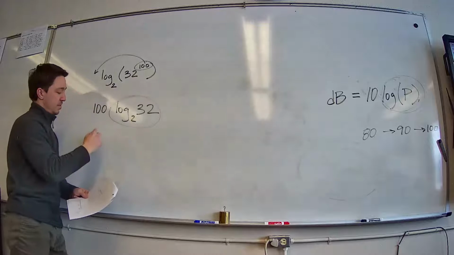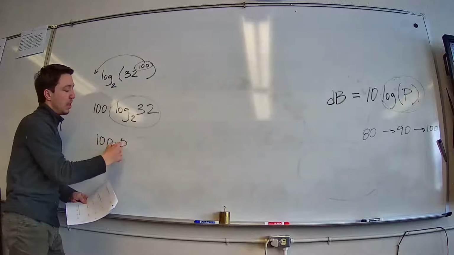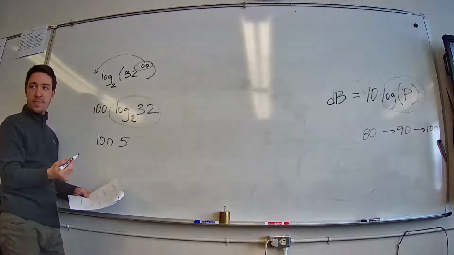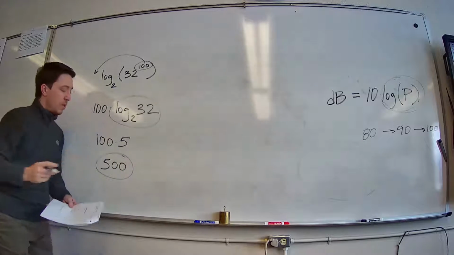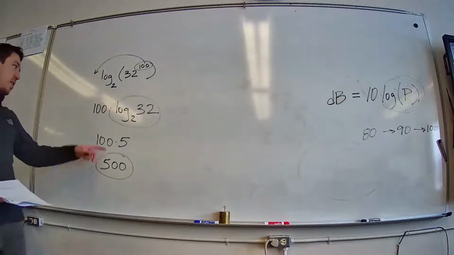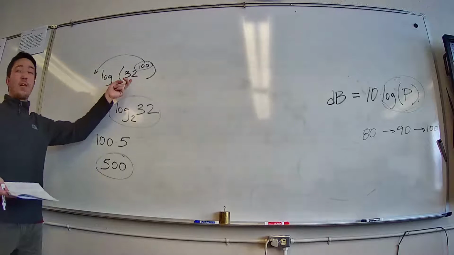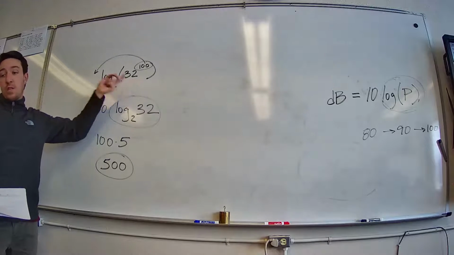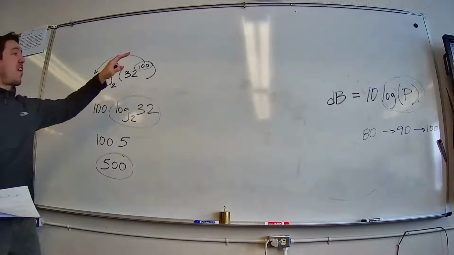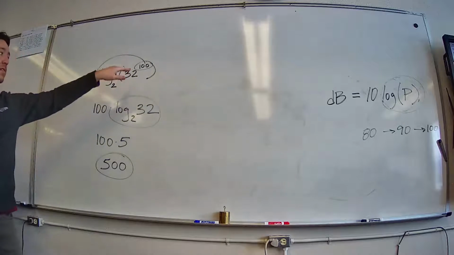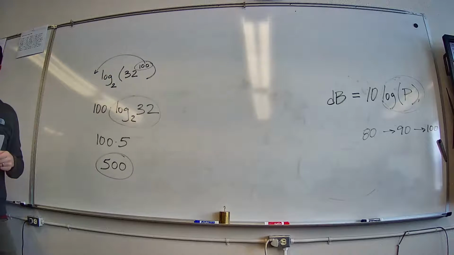So this is 5. You understand that? So the answer to this was 500. So do we know what 32 to the 100th power is? No, it's a huge number. And what we've shown is that 2 to the 500th power would give me this astronomically large number.